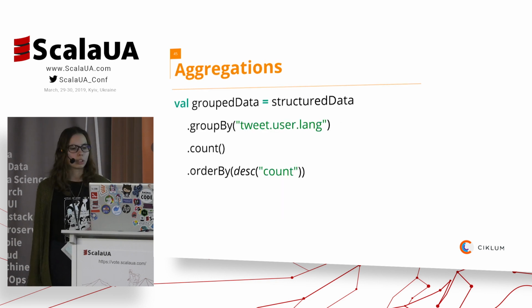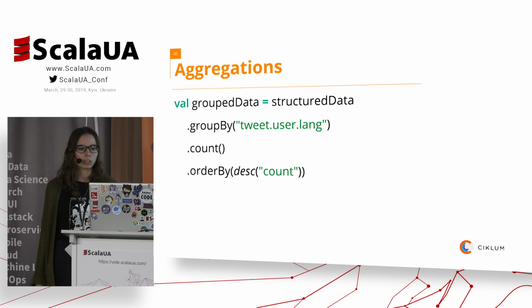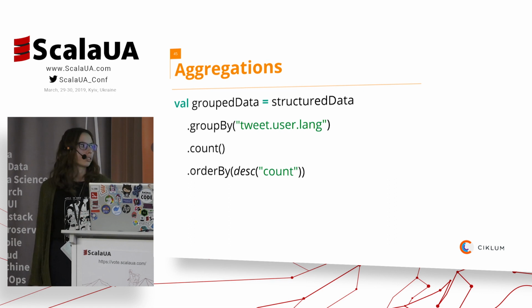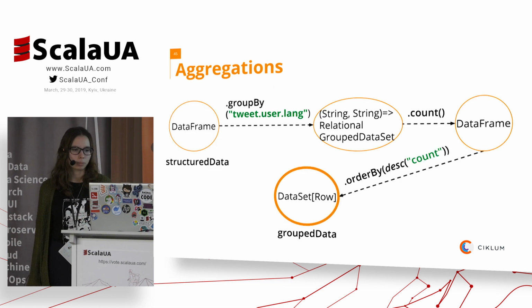It is also the same for aggregations. As you can see, we just group the counts for each tweet. We have a couple of languages, for example English, Spanish, French, German, and we get how many tweets are in each language. Each time the data gets updated, and we get more tweets, and we order by which language is the most popular by these counts.